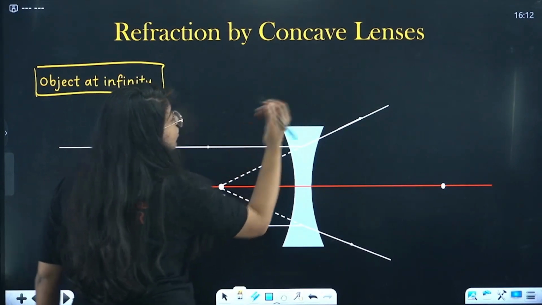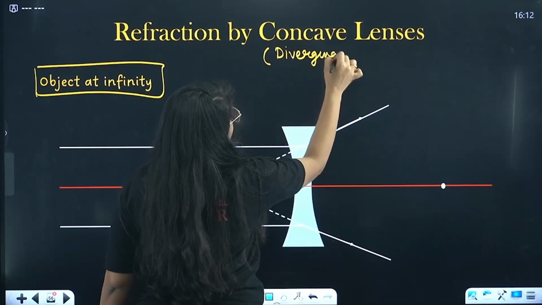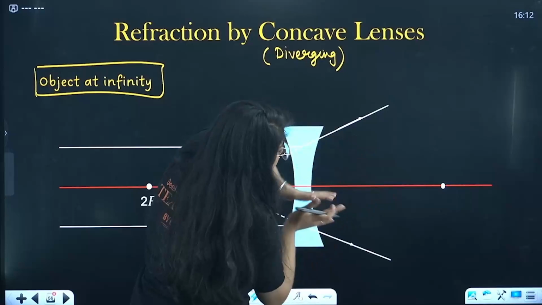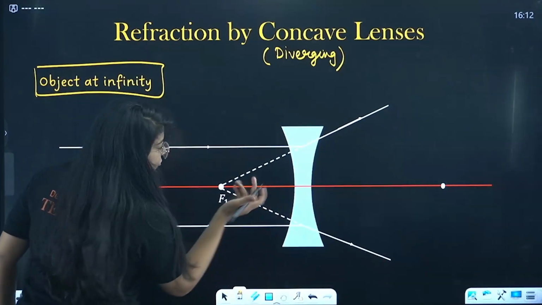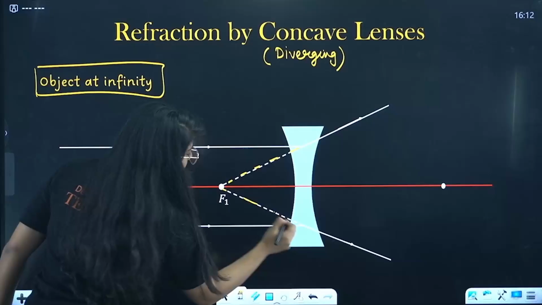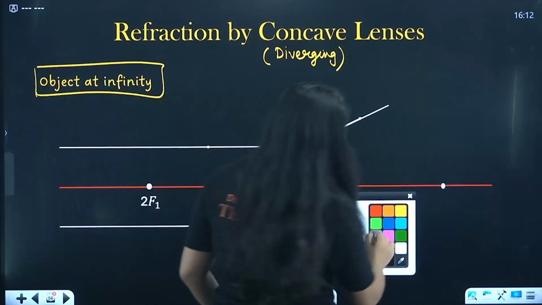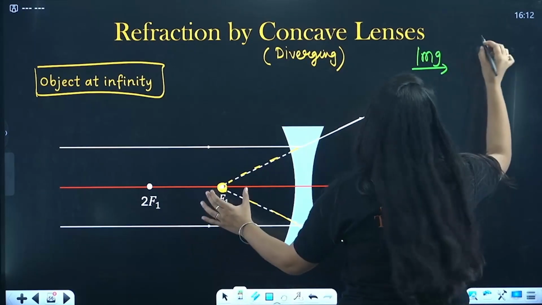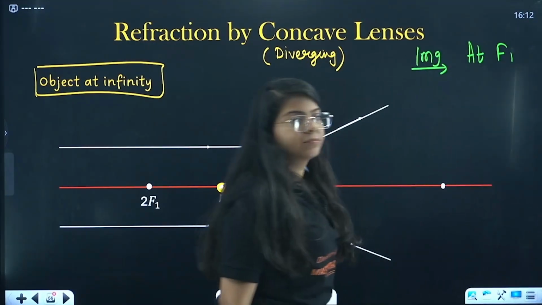Now this is a diverging lens, beta. It will throw the rays apart, not meet them. So if I am standing here, it will look like they are coming from a point. I extend them backwards and they were coming from F1. So in this case, you will write that the image is at F1.